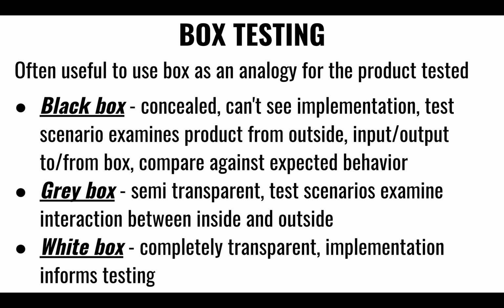Then there's white box testing, where the implementation, the for loops, knowing that it's using the network, knowing that it's using JSON or XML, or knowing certain implementation idiosyncrasies, informs what the tests are.